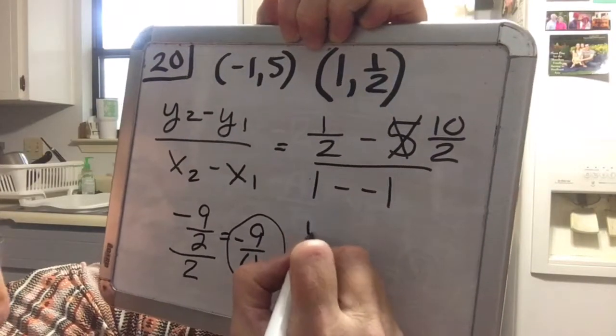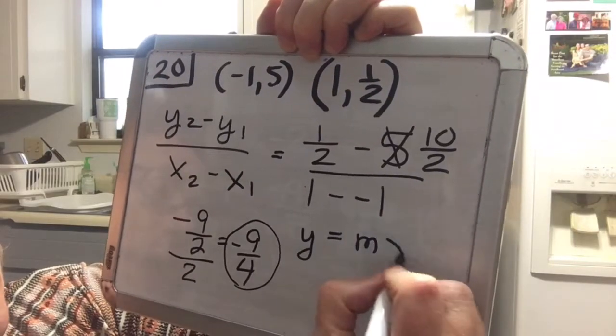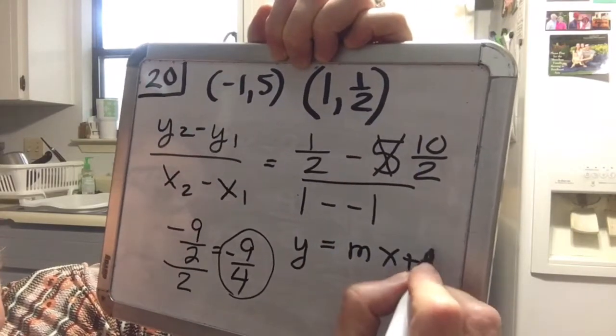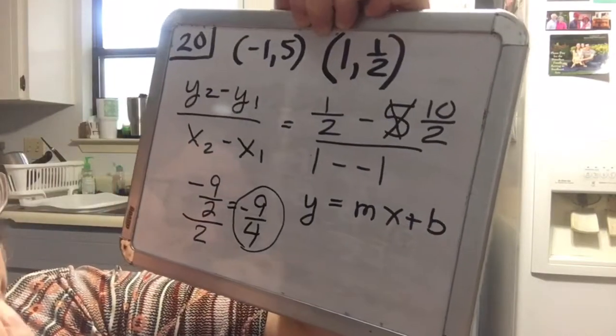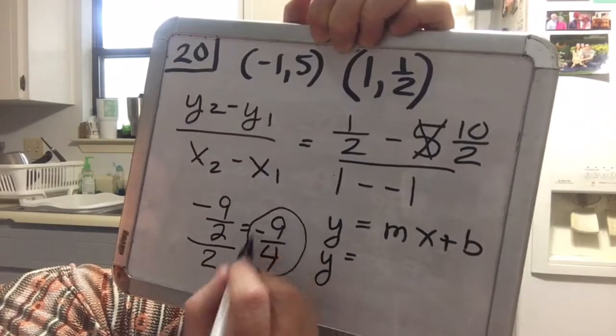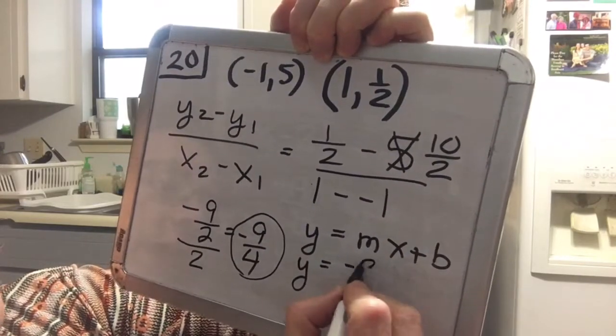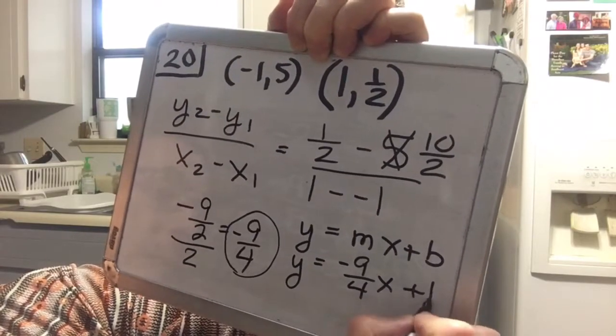So we're going to have y = mx + b, the slope-intercept. I don't know what I said before, but we're going to use the slope-intercept form for this one. And so y is, and there's our m, -9/4 x plus b.